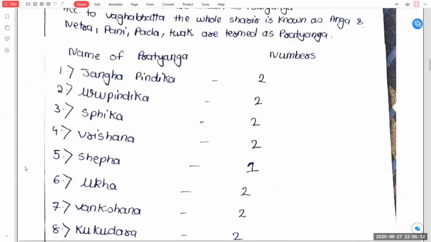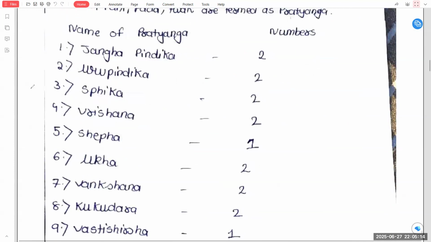So first we are going to see how many pratyanga there are and how many of each. Let's start from the Jhanga Pindika, that is basically the thigh region. There are 2. Uru Pindika are also 2. Sphika are also 2. Vrishana are also 2 in number. Shef, that is 1 in number. Ukha is 2 in number.